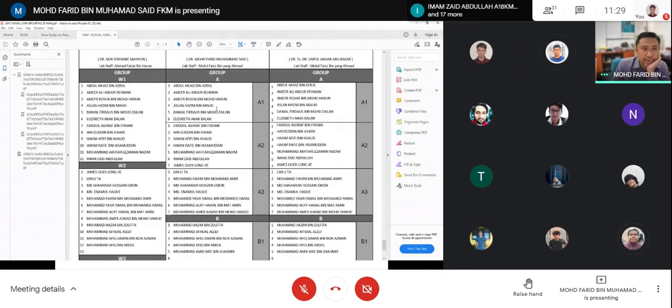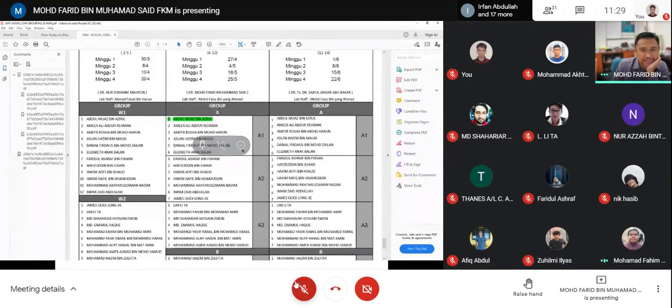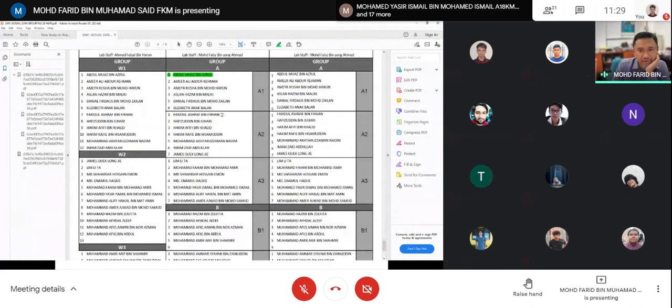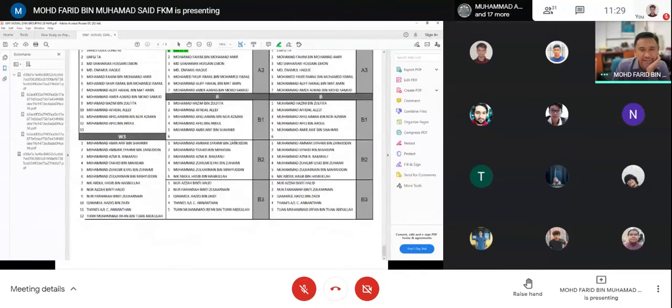For A1, the group leader is Abdul Muaz. Group A2, the group leader is Faridul Ashraf. A3, who was the first one, the group leader? Lim Lita. Okay. B1, Muhammad Azim.